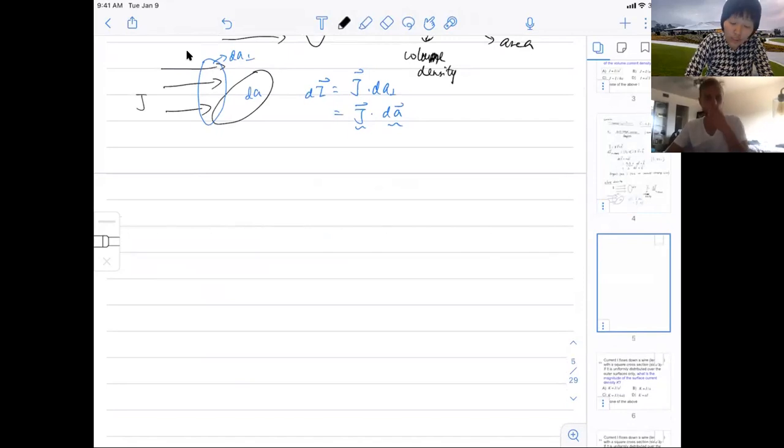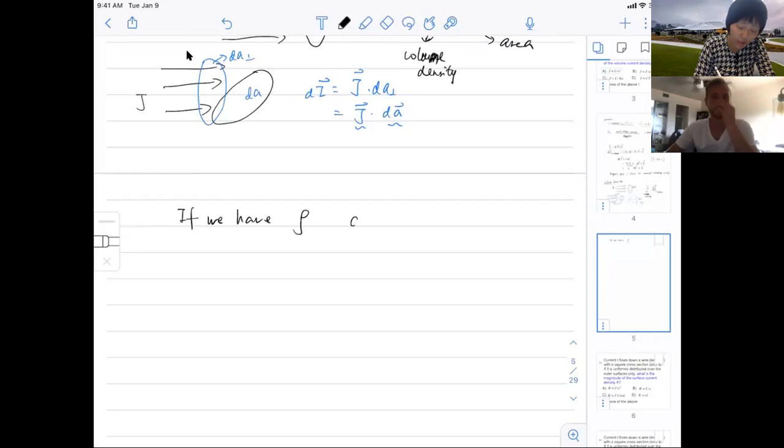There is also a relationship between your current density and velocity. Previously we used lambda to represent the density, here we have rho. This is your density, meaning that you have this many charges per unit volume in this region.